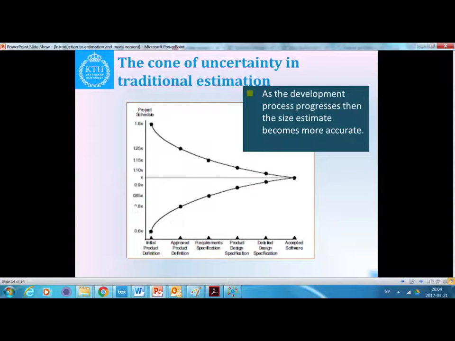And the nearer we are to the final result, the better we are in our estimations. So we have to accept that it is difficult to estimate, and we have to have very good experience in order to be able to estimate the size and the effort required for developing the system.